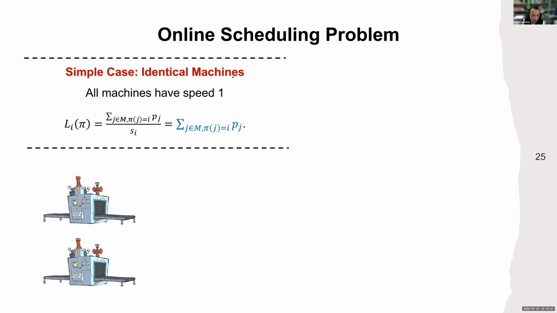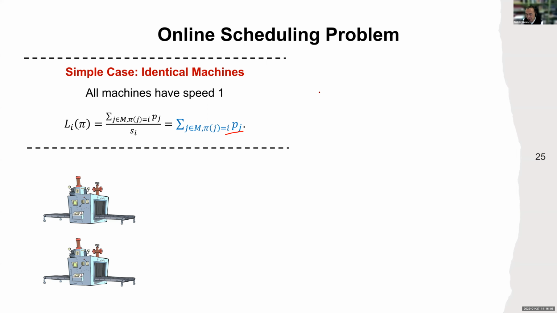When machine has speed 1, you only have processing time, right? You just add up processing times. Yes, very good. Jianchong, you are asking a very good question. In our setting, it's something like a fake online or semi-online. What does it mean?